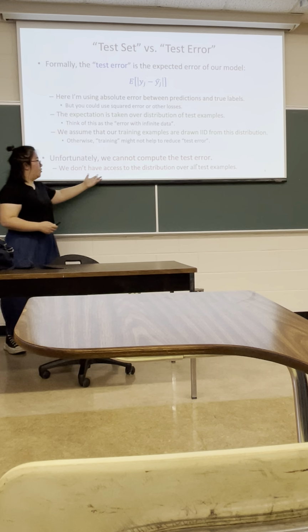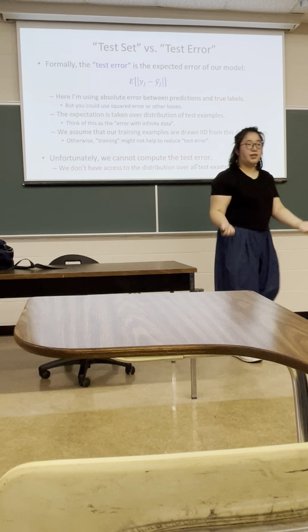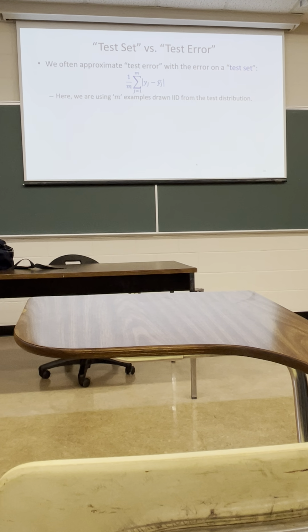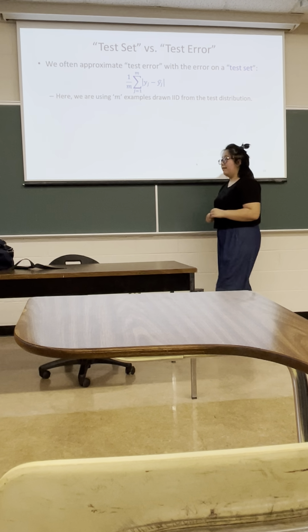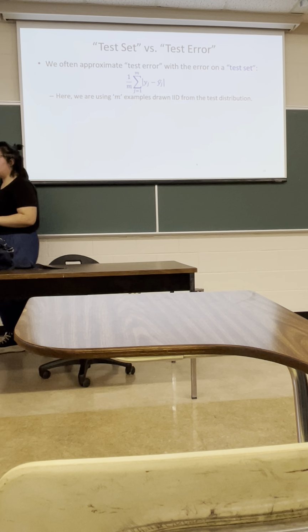We don't have the exact distribution of the test data, so we use different ways to approximate. There are two ways. The first is to use the test set error to approximate, because the test set is provided. In total we have m examples available to validate the performance of your model.